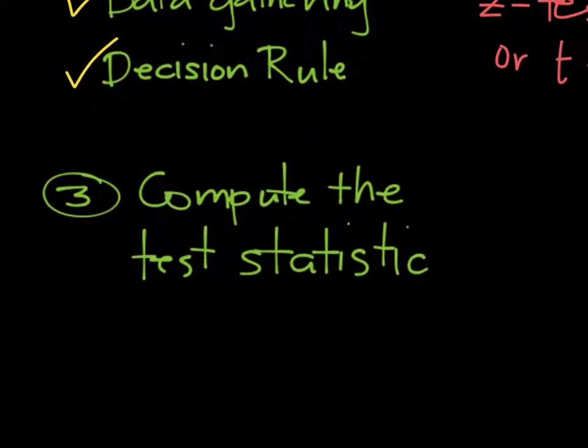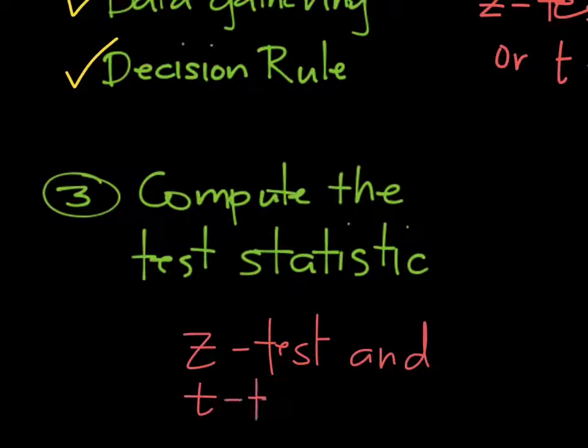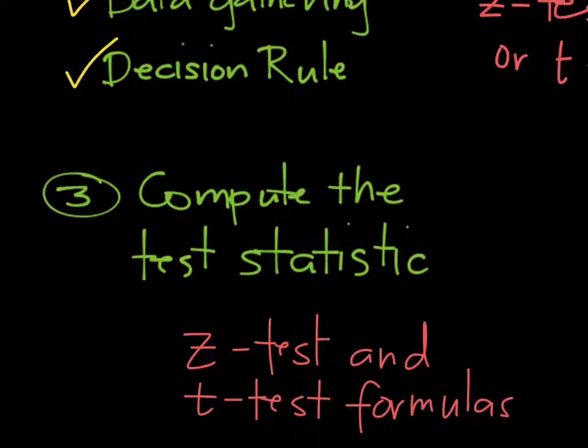Step number 3 will be the computation of what we call a test statistic. Before hypothesis testing, you were supposedly already exposed to what we call the z values and the t values. These values will be related later on to what we call a test statistic. And when I show you the formula, hopefully you will see the resemblance to the other formulas that have been discussed to you prior to hypothesis testing.